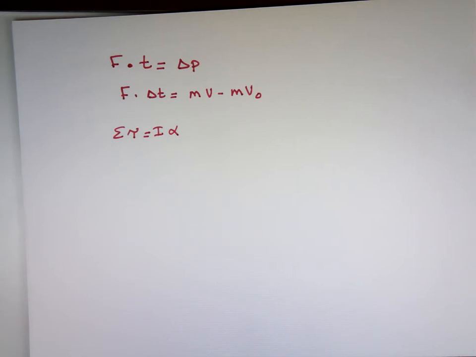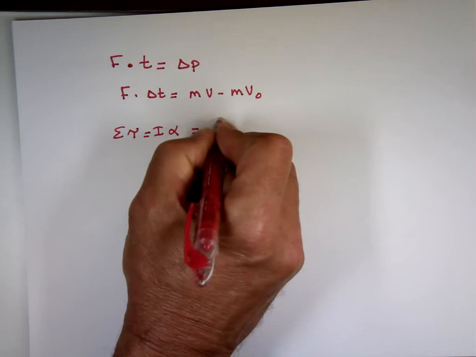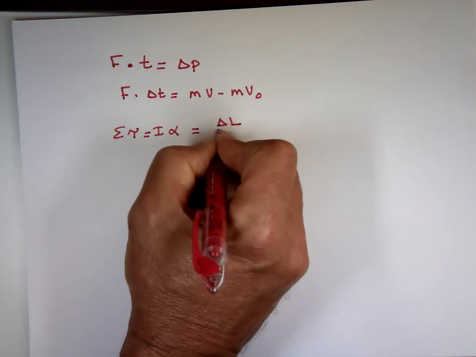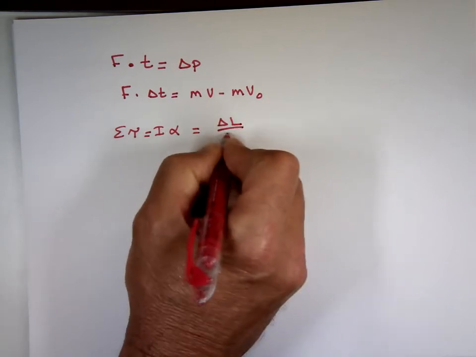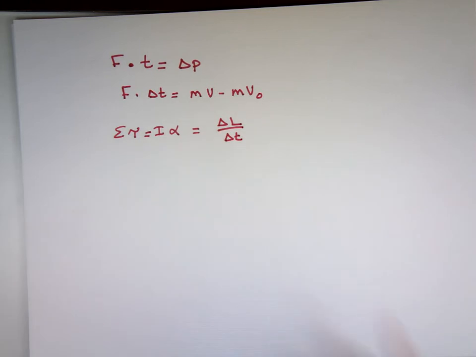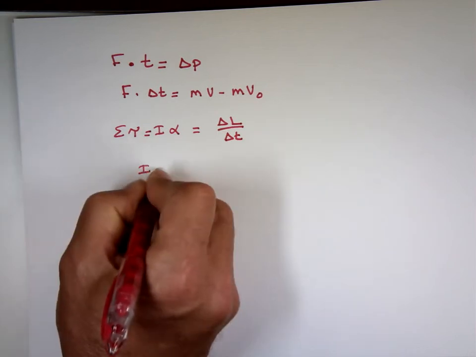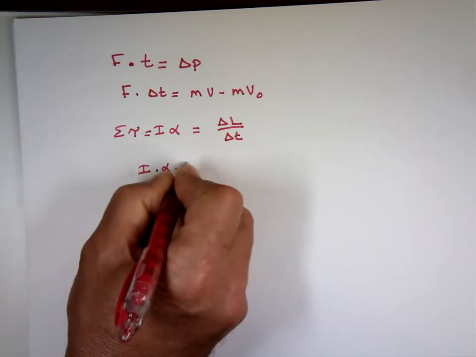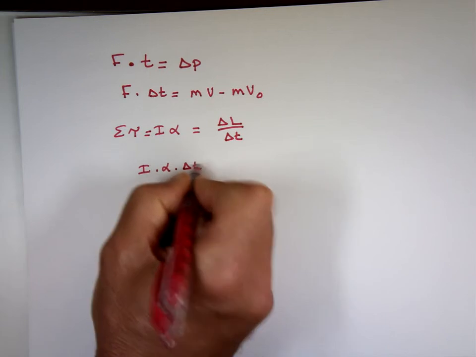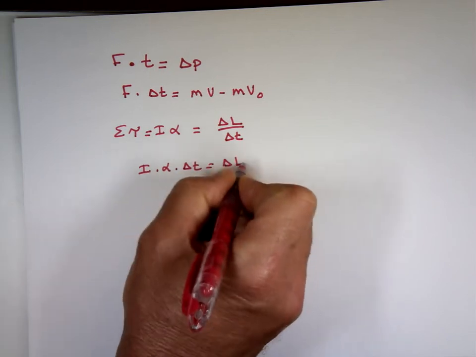And torque is change in angular momentum over change in time. So if you cross multiply, you get inertia times alpha times the change in t equals the change in angular momentum.